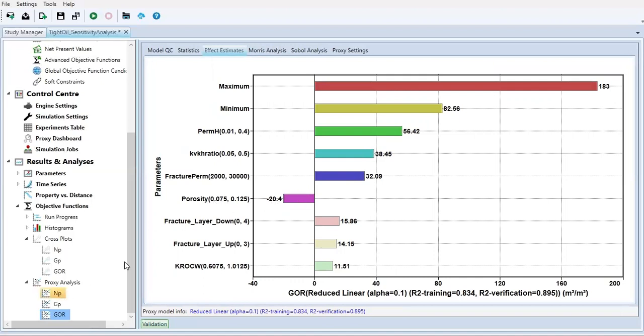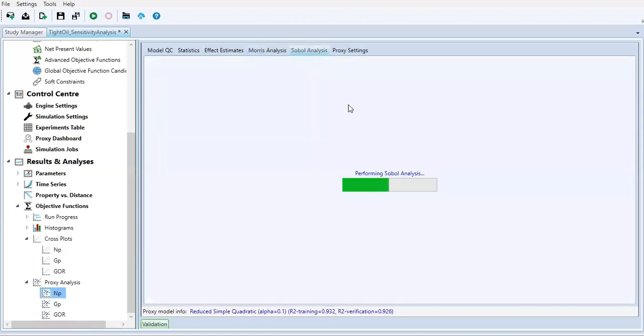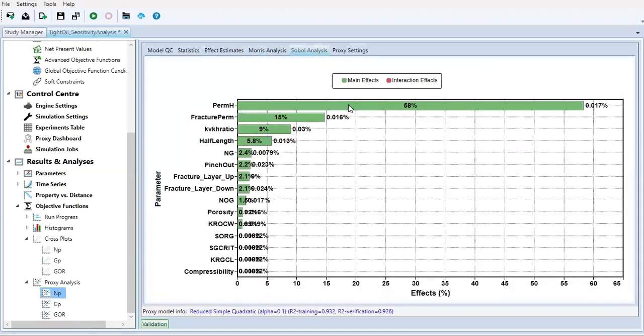Okay, go back to NP, Sobol analysis. Wow, it's another thing that's very important, the parameter and the effect. The main effect is the green one, and this one is for the interaction.